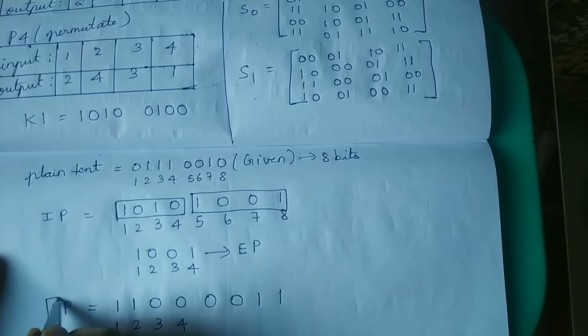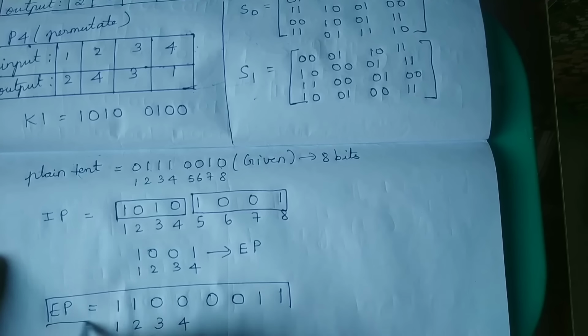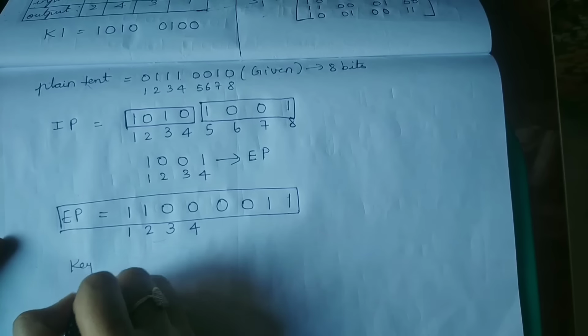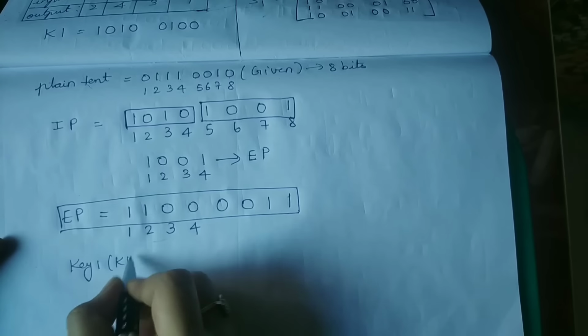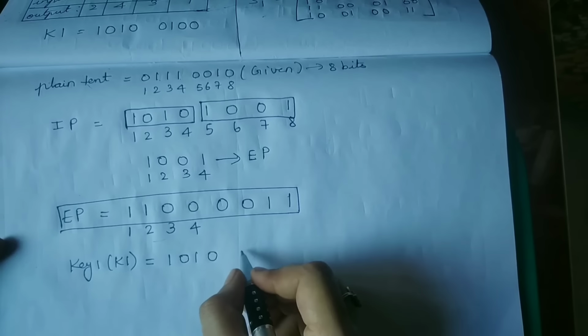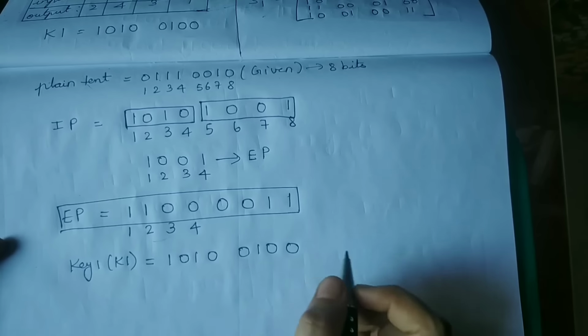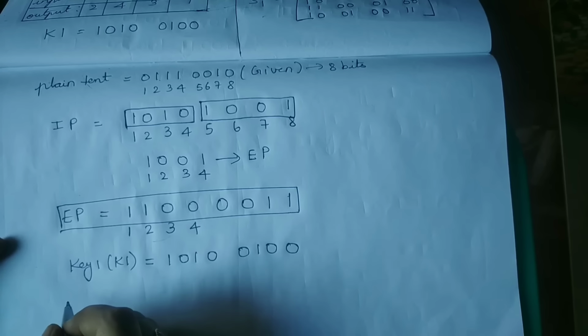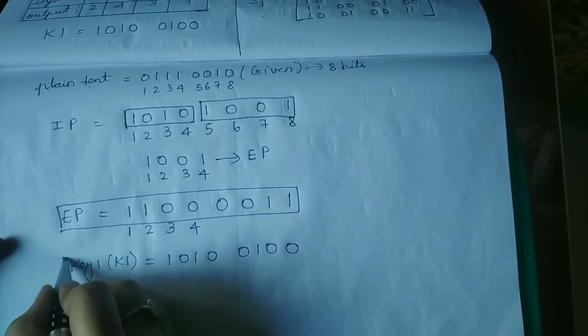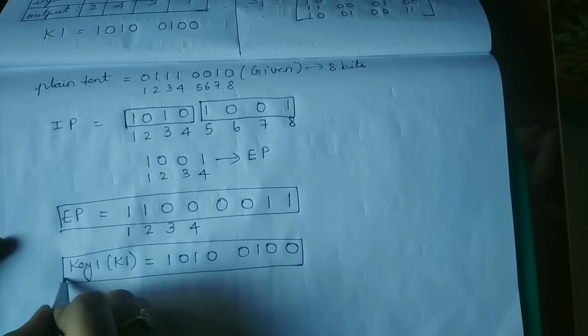This is my EP value. Now we must write the key one value that we found earlier. So K1 is equal to 10100100.